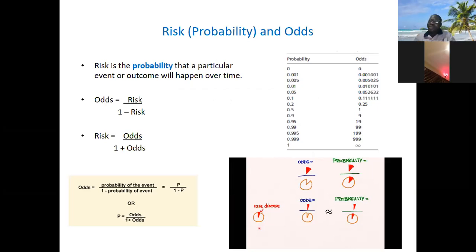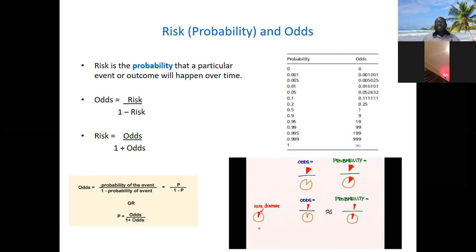probability, which is 0.6, divided by 1 minus 0.6, because 1 minus 0.6 is the probability that it will not rain. The probability that it will rain is 0.6. The probability that it will not rain is 1 minus 0.6, which is 0.4. The odds that it will rain tomorrow will be 0.6 over 0.4, which gives you 1.5.